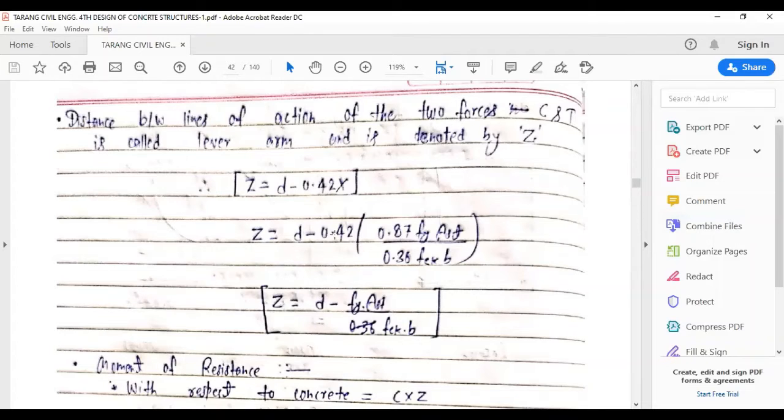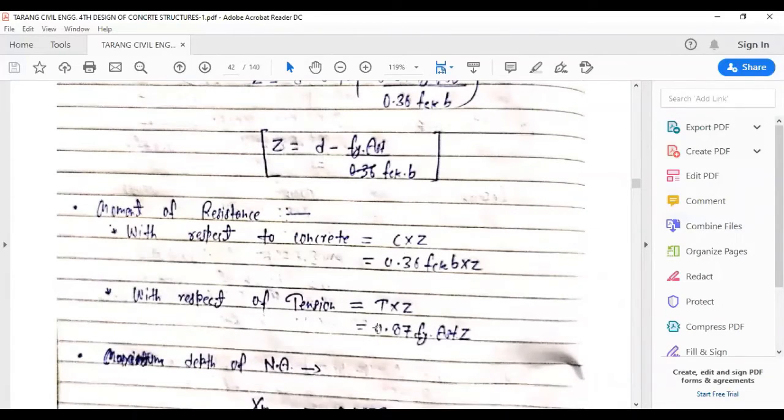And when this expression is multiplied by this, they both get multiplied and cancelled out, and the final result is d minus Fy Ast upon FCK b. This also gets cancelled.